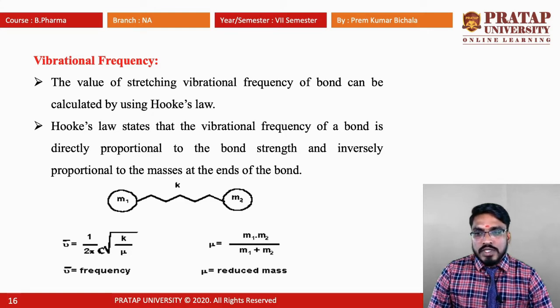So nu is equal to 1 by 2 pi c under root of k by mu, where mu is equal to m1 m2 by m1 plus m2, that is the reduced mass of the two atoms. Here m1 is the ground state molecule and m2 is the excited state molecule, while upon absorption of radiation, the compound reaches its respective excited state.